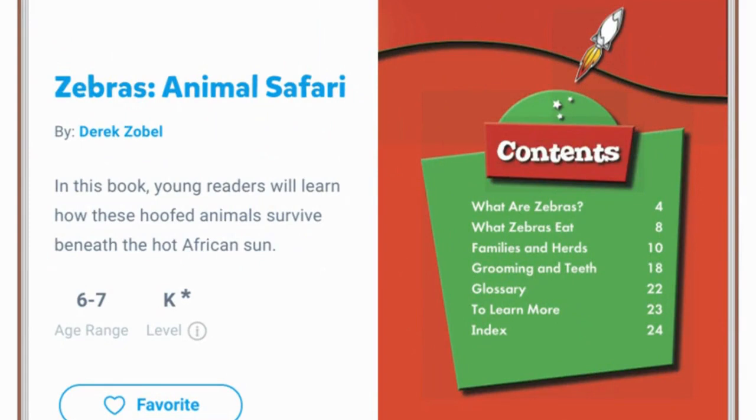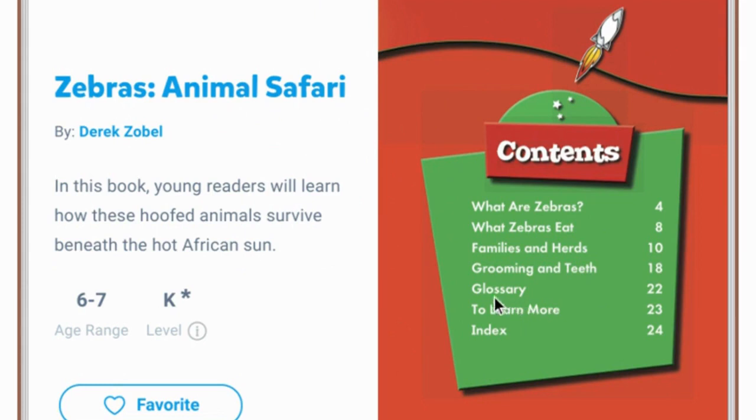The table of contents is useful because you can preview everything that's in the book just by looking at this one handy page. If we continue to look at the table of contents in this book, we see we are also going to learn about families and herds and grooming and teeth.